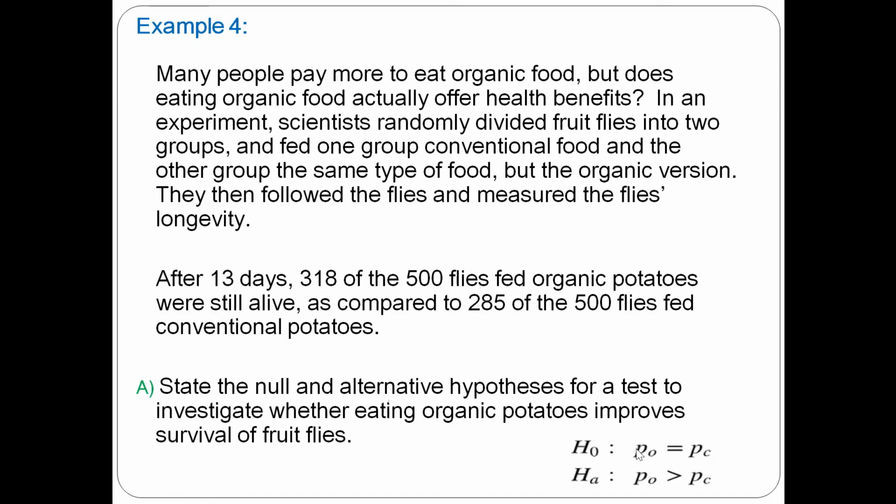The null is that the proportion of the flies who ate the organic food and survived longer is equal to the proportion of the fruit flies who ate the conventional food. In the alternative, we're saying that the proportion of the flies that will live longer after eating organic food will be larger than the proportion of the fruit flies who ate the conventional food.